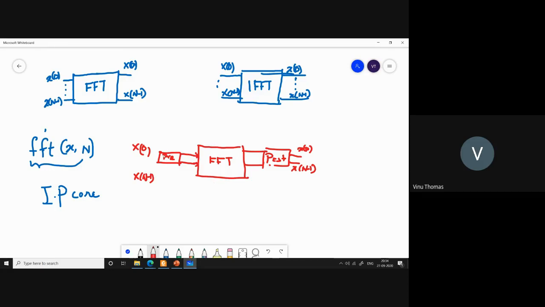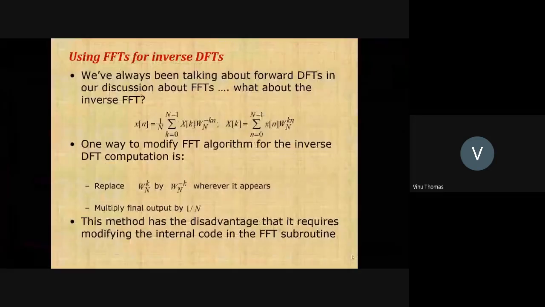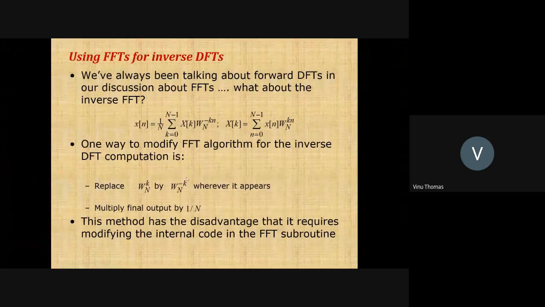Instead, you only need to do this pre-processing and post-processing. So that has the advantage of not changing the software or the hardware for your structure. However, the method that we had seen to modify the FFT algorithm to do inverse DFT computation will require modifying the internal code in the FFT subroutine.